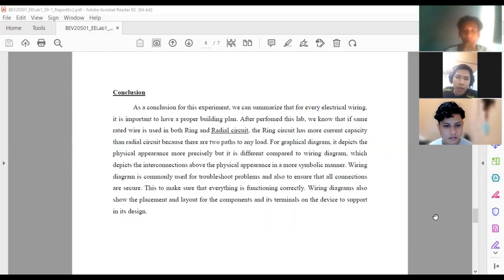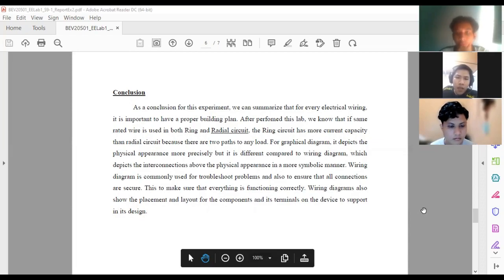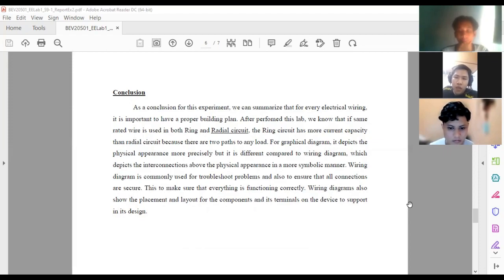The wiring diagram depends on the interconnections rather than the physical appearance, in a more symbolic manner. A wiring diagram is commonly used to troubleshoot problems and also to ensure that all connections are secure.